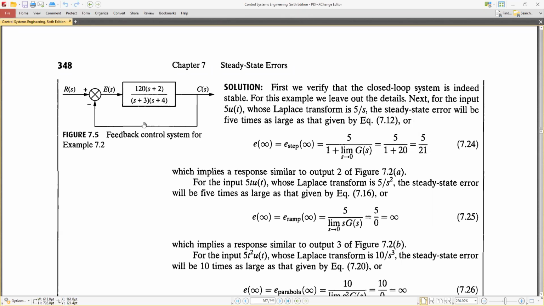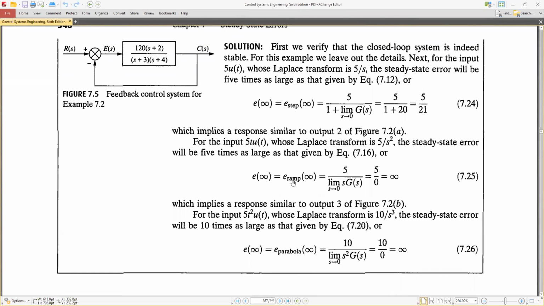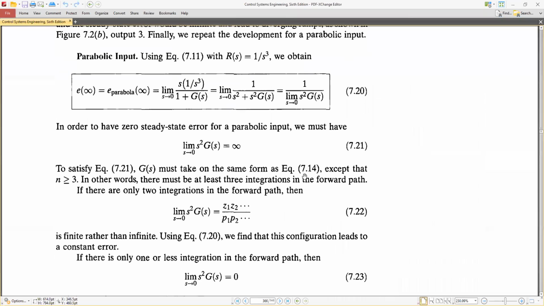So first of all, you have to check this out. This is the equation for the step input. So it is 5 by s. Then the ramp input, 5 by s squared. Then the parabola, 10 by s cubed. Now let's look at the equations here.